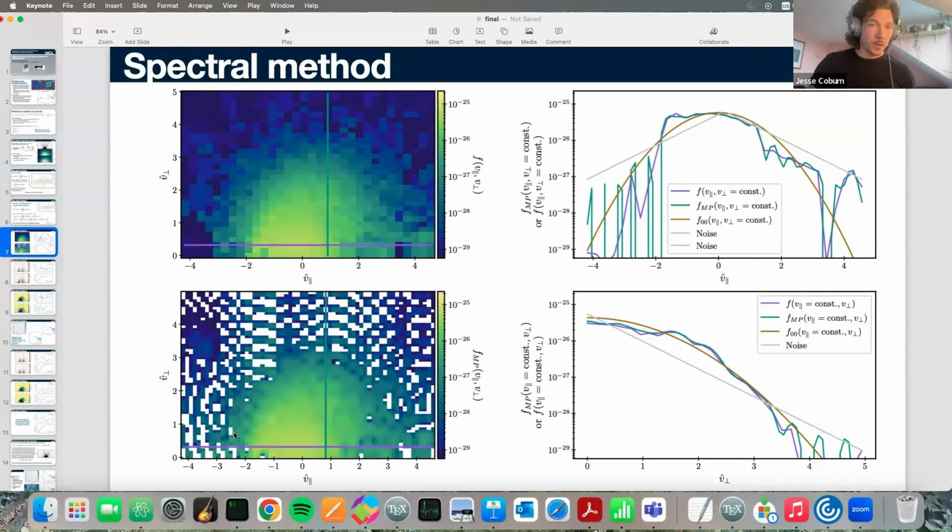Then I put the results of the Hermite expansion, where I solve for the C sub m's and then re-express it here in the bottom. I'm then going to use these little slices. There's a slice in the perpendicular direction, there's a slice in the parallel direction, and I'm going to plot them over here. I'm going to do that the same for the Hermite expansion version of the VDF.